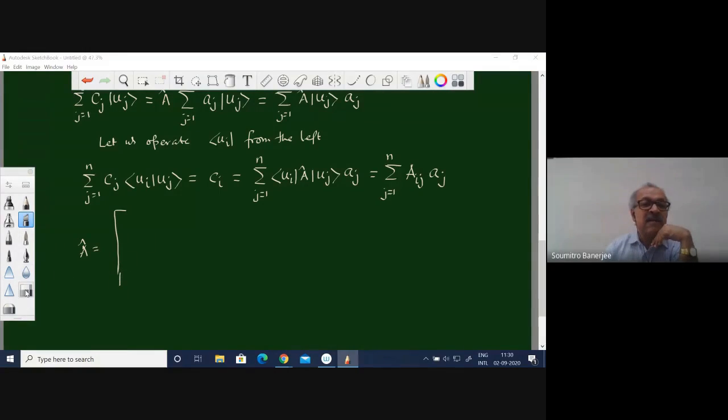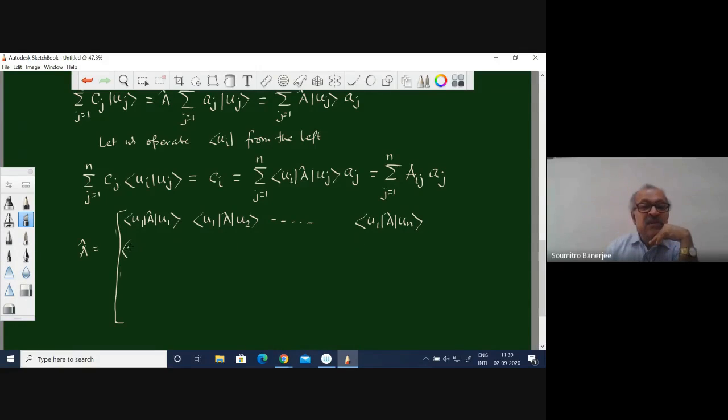Where the first element is <U1|A|U1>. Second element is U1 operator operating on U2. You have at the end <U1|A|UN>.